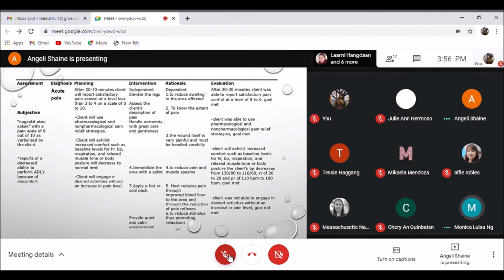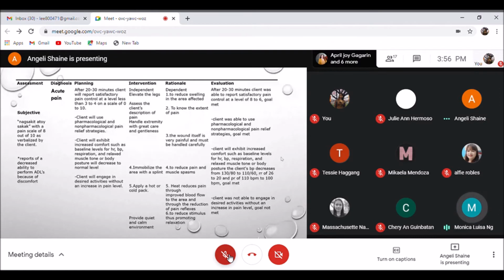Client will exhibit increased comfort such as baseline levels for heart rate, blood pressure, respiration, and relaxed muscle tone or body posture will decrease to normal level. Client will engage in desired activities without an increase in pain level.